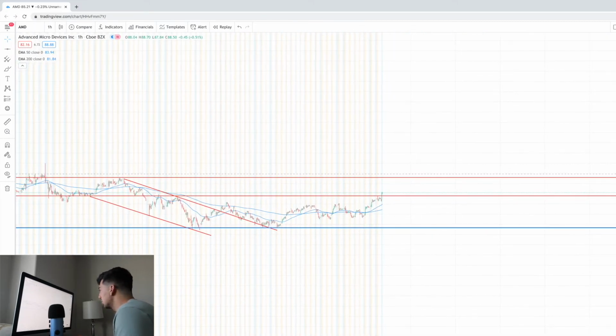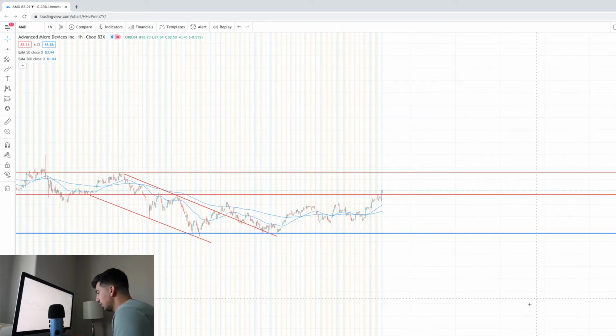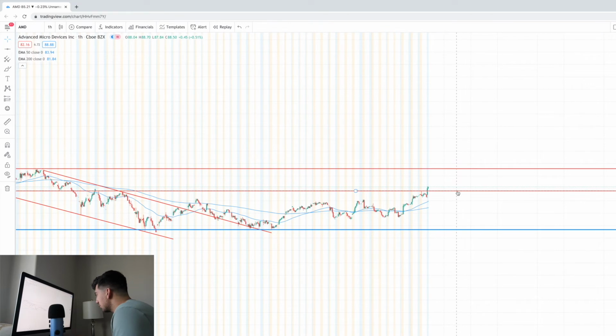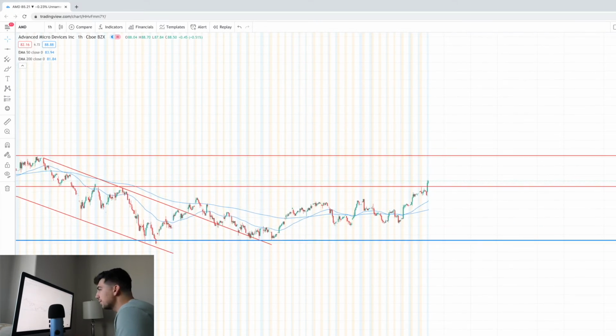On the 1 hour we see a little better picture of what's going on. We have this strong level that we just mentioned, and in the aftermarket we were able to break through it thanks to the news. So now I know we got a breakout of a previous resistance, 87.21, which is my new support. I'm looking for a bounce to take another trade on.